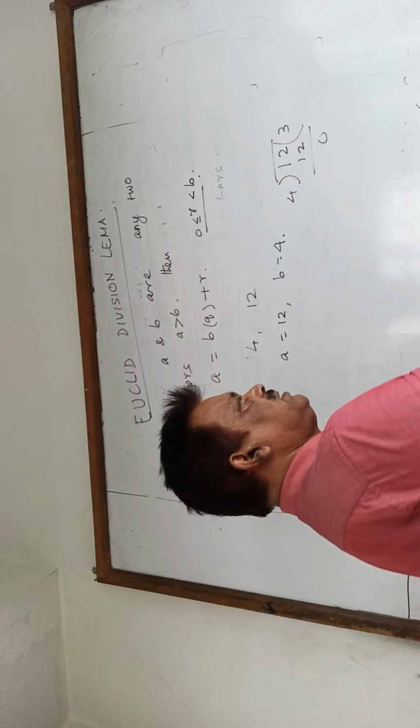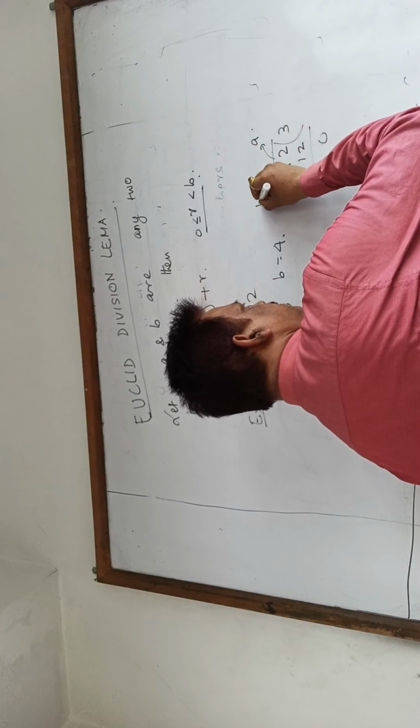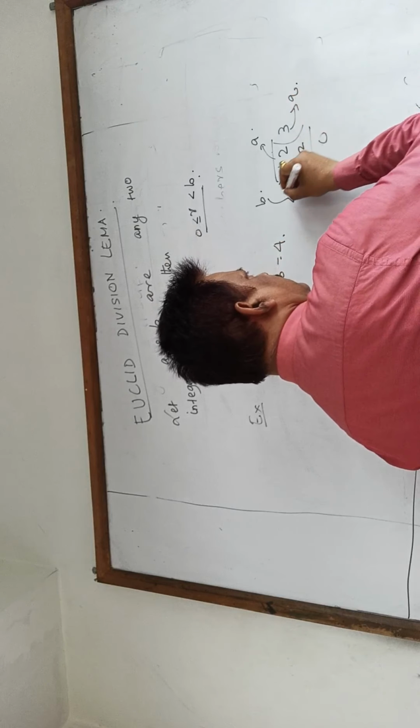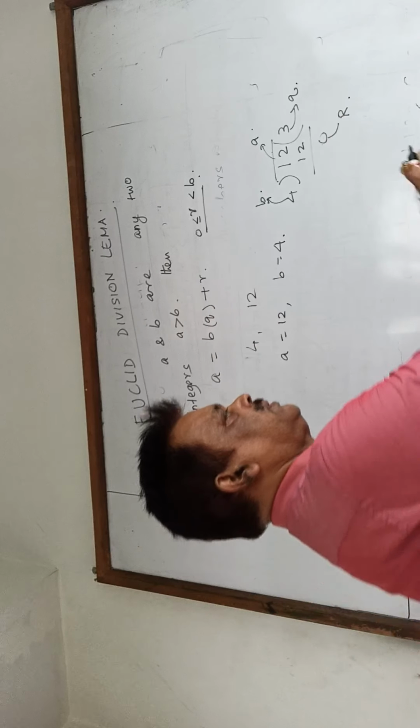So this is A, this is B, this is Q, this is R, small r.